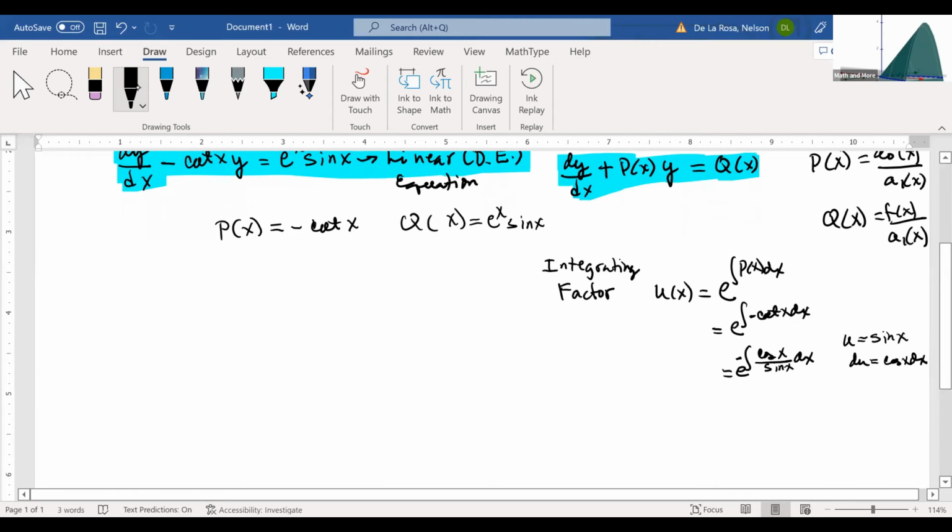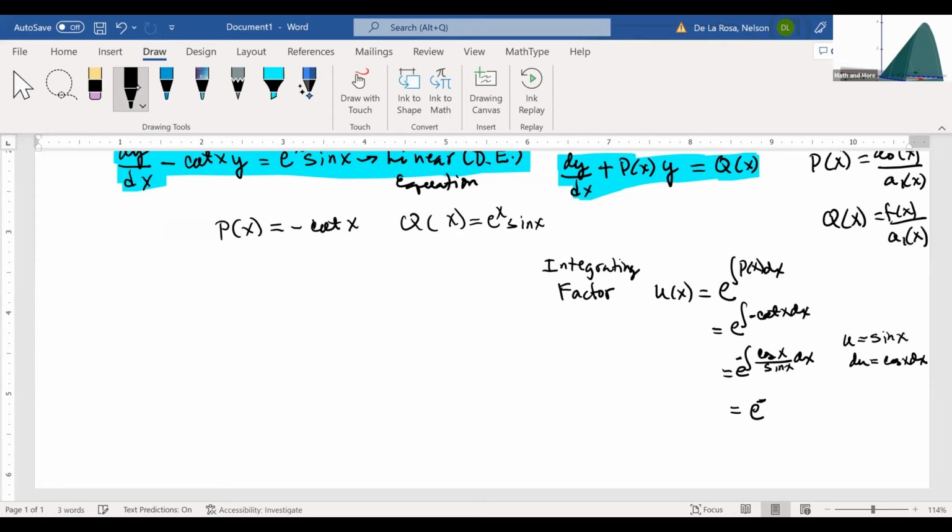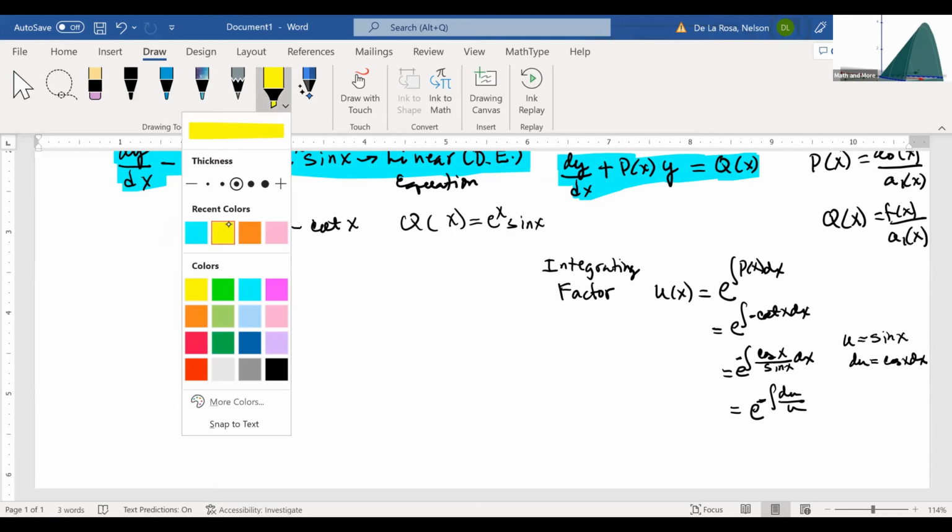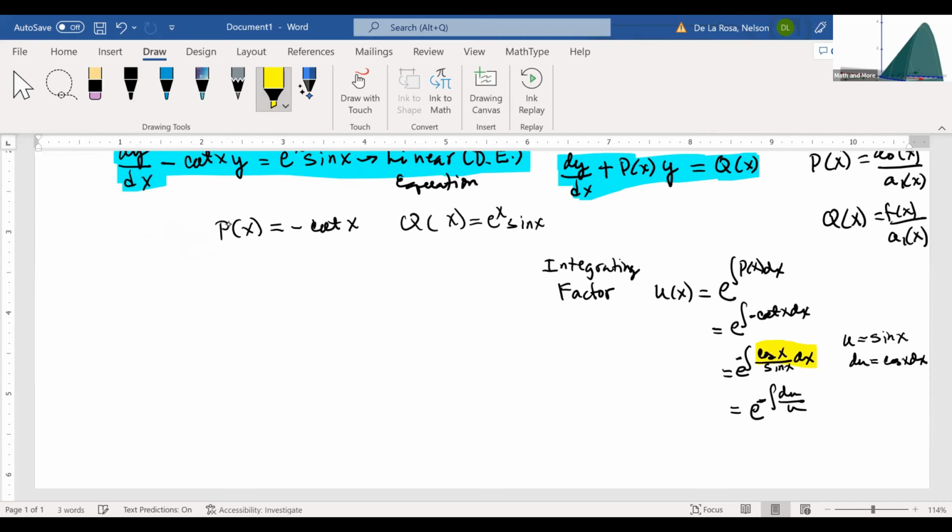So to find the integrating factor, we have e to negative du over u, because sine of x is u and cosine of x dx is the du.